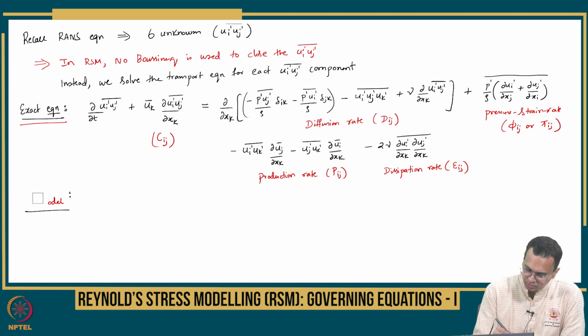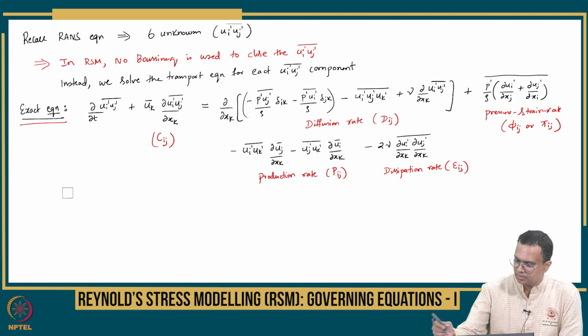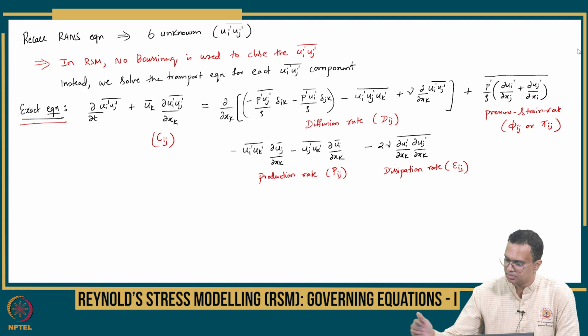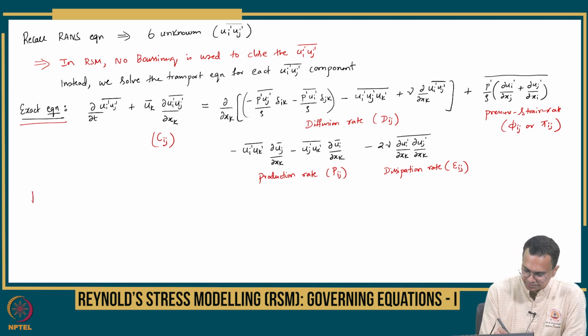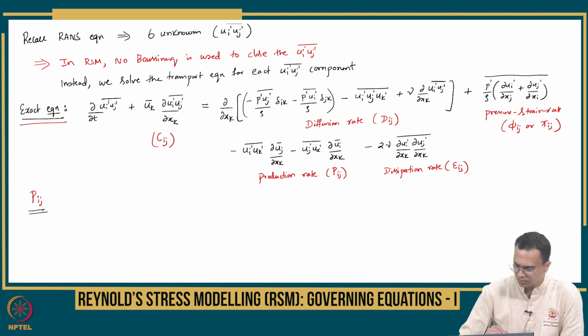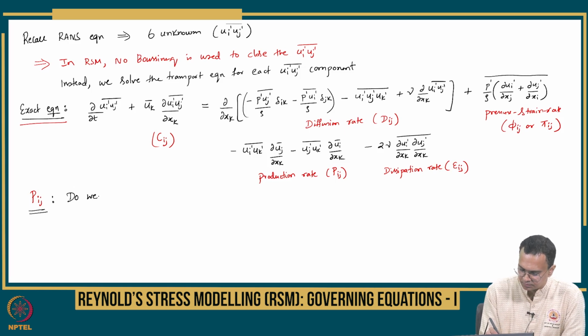Before that I would like to talk about an interesting advantage here. We'll take up the production rate, Pij. So now the question is, do we need to model this?